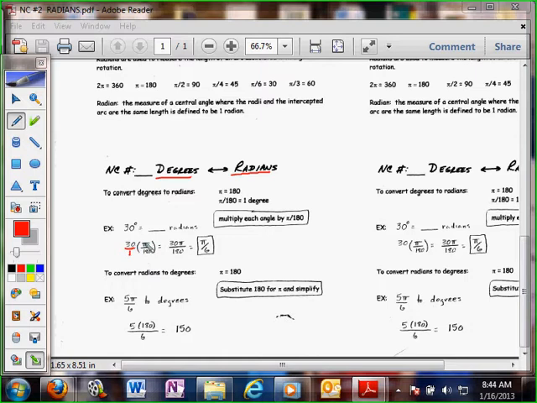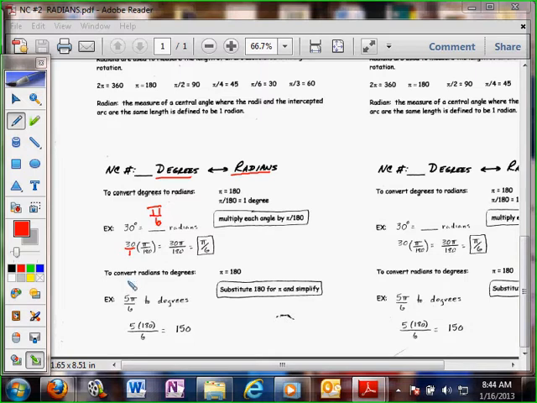Then you multiply top times top and bottom times bottom. 30 times pi is 30 pi. 1 times 180 is 180. Then you can reduce 30 over 180. That's just like 3 over 18, which reduces to 1 over 6. So your simplified answer is pi over 6. 30 degrees is equal to pi over 6 radians.